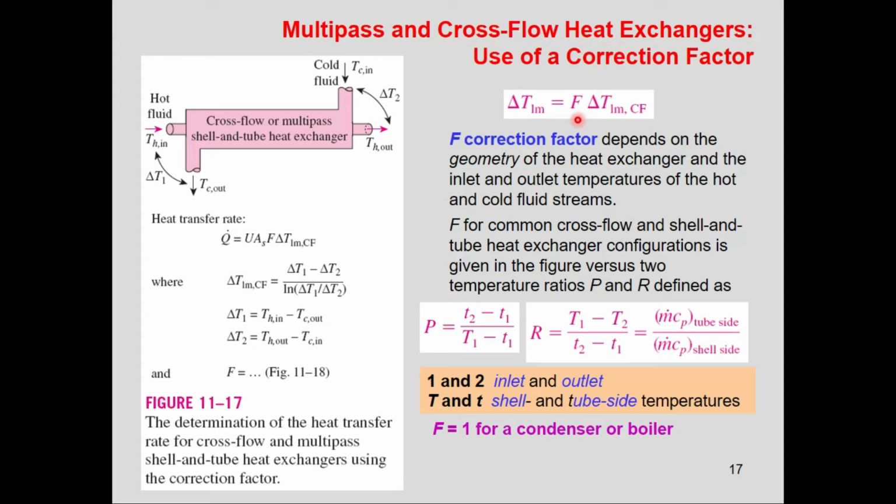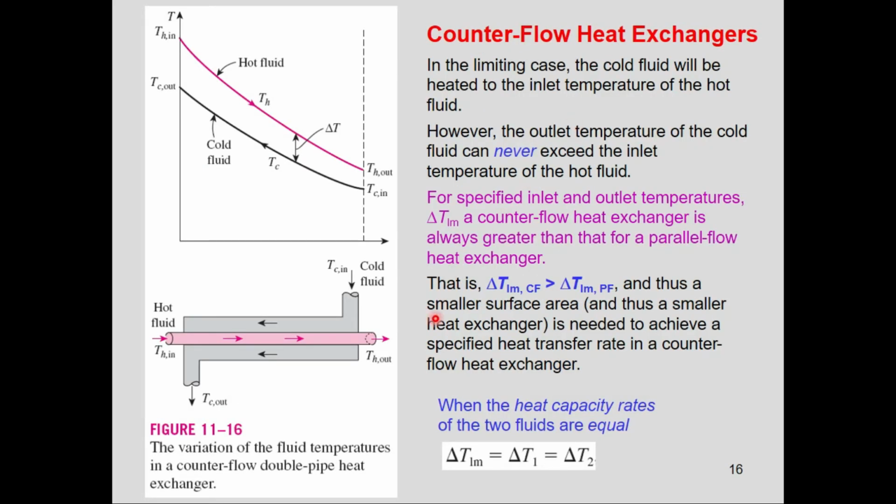So the question is how to determine the value of this correction factor F. In the previous slides, we determined the log mean temperature difference for the parallel flow and the counterflow only for the double pipe heat exchanger.